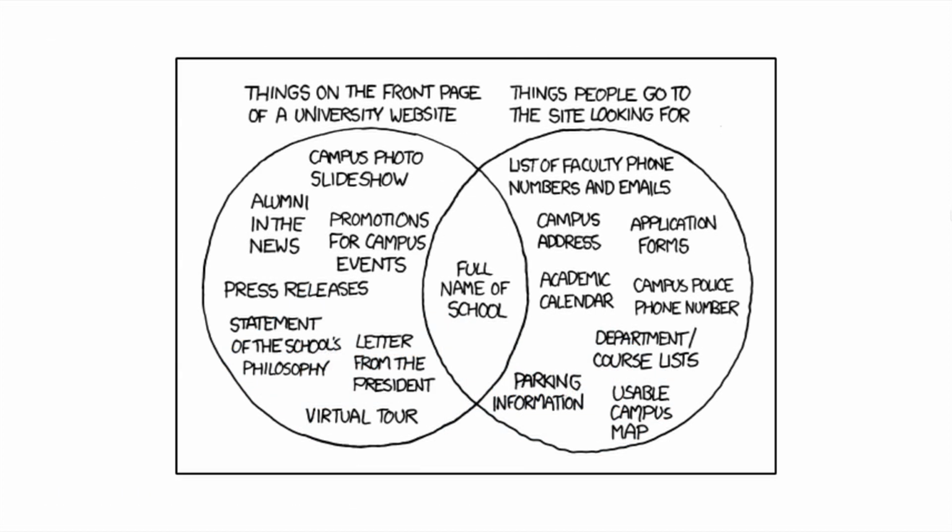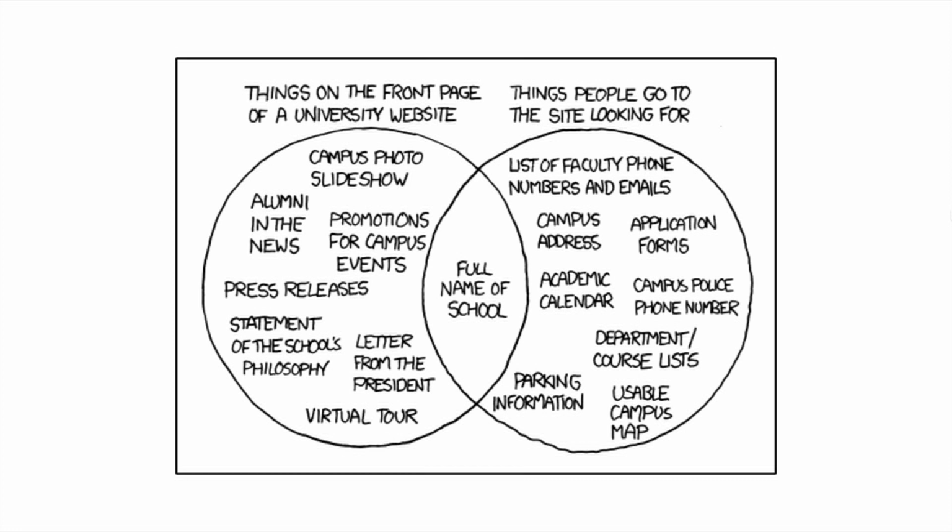Think about a university website in this example that I'm providing, which is that juxtaposition of user needs and product objectives. In this example, we flipped the circles. On the left, we see the product objectives, the things that the university wants to show you. And on the right, we see the user needs, things people go to the site to look for.